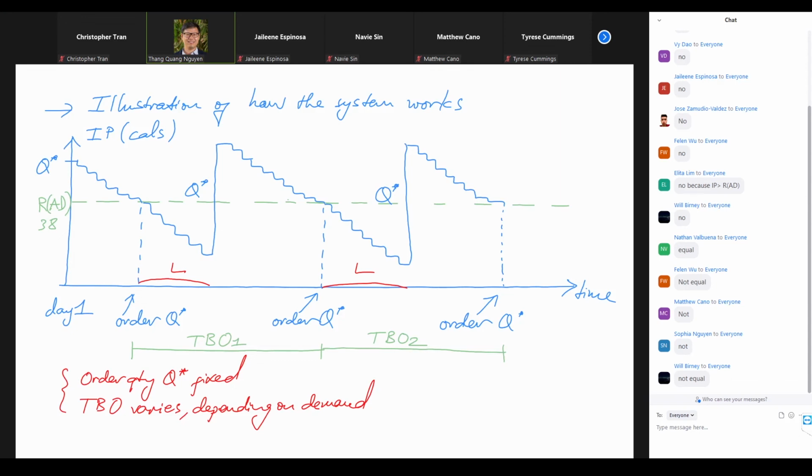But remember, in this case, we only try to retain enough inventory to serve the average demand during the lead time, right? Remember, the lead time is a vulnerable time. Our stock continues to go low, and we do not have the shipment yet.